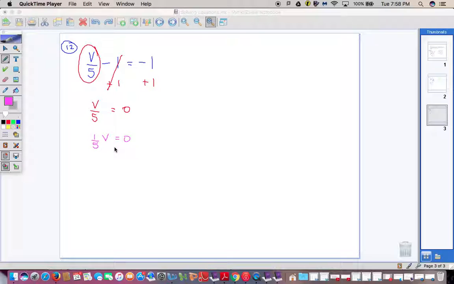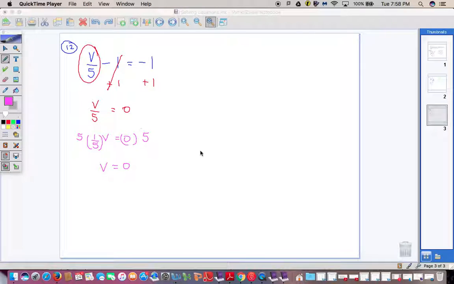So if I want to do my inverse operation here, I'm going to multiply both sides of my equation by 5. And if you multiply both sides of your equation by 5, you get v equals 0.